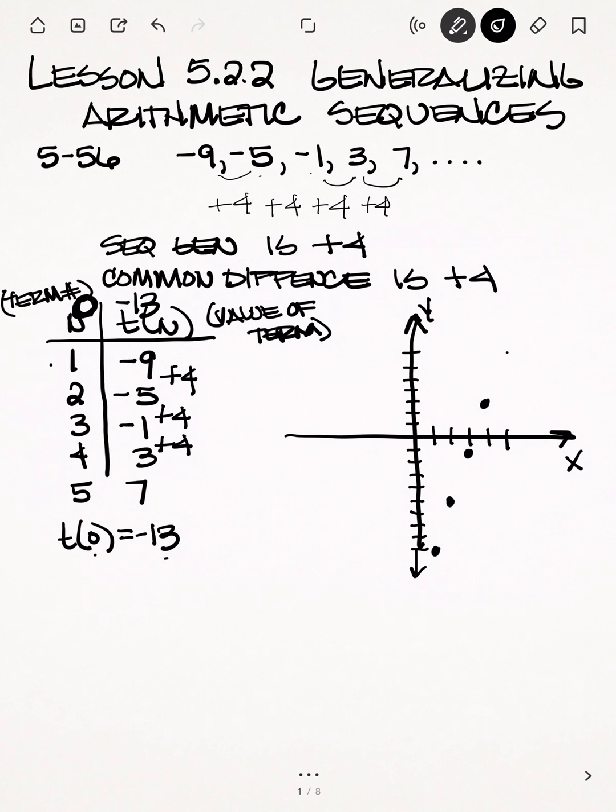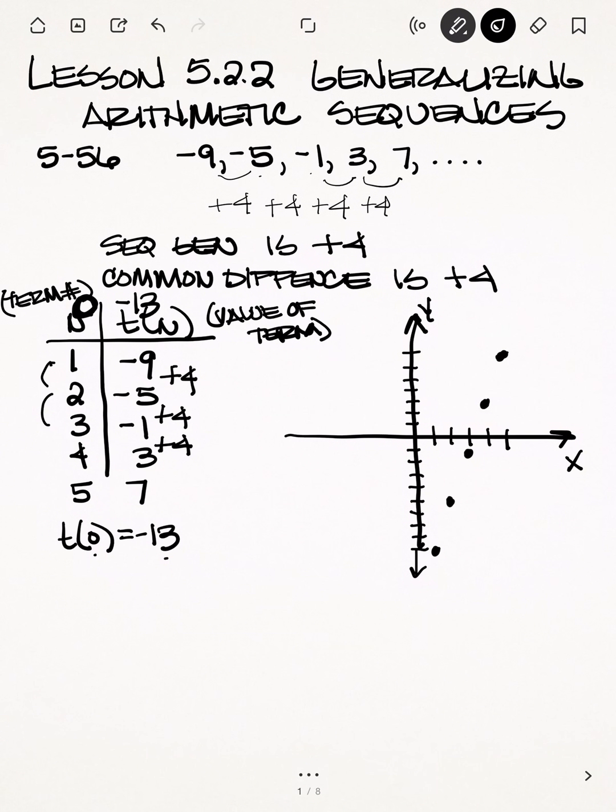So remember, we do not connect the points with a line because whenever we have a sequence, it is discrete. We don't have terms in between 1 and 2 or between 2 and 3. We don't have term 1.5. So we will not connect the points with a line.